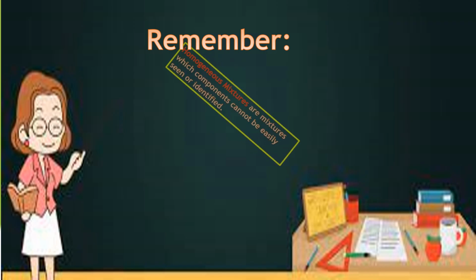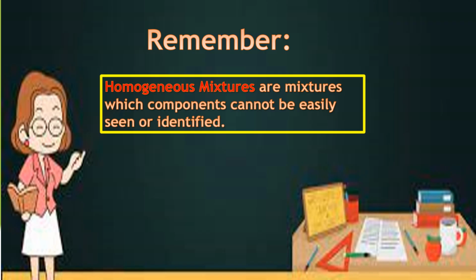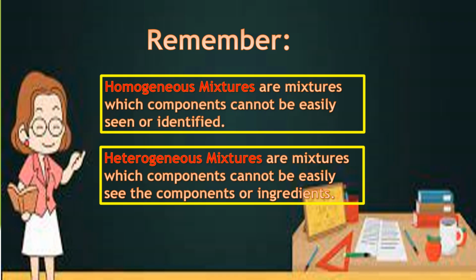Remember also, homogeneous mixtures are mixtures whose components cannot be easily seen or identified, while heterogeneous mixtures are mixtures whose components or ingredients can be easily seen.